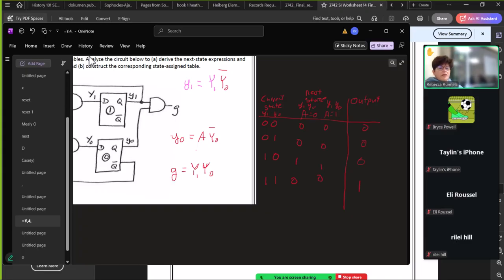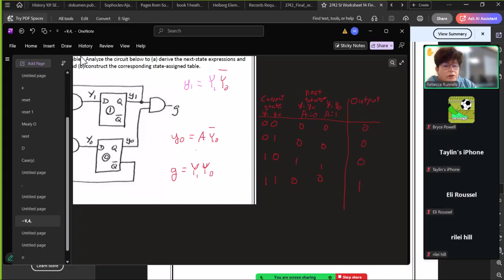They're the same because it doesn't depend on what A is. Oh, I see. Y0 is the AND of A and the not of y0.